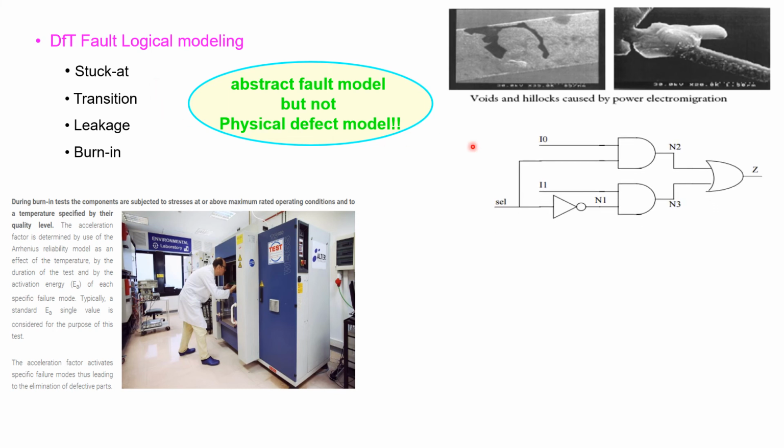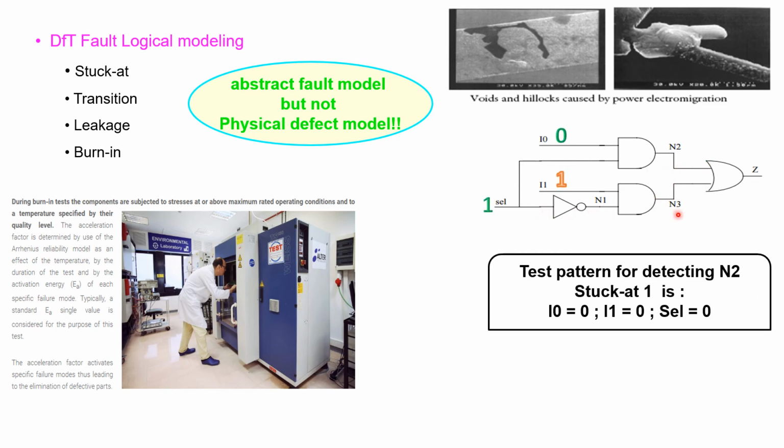So let us analyze this specific logic, wherein we want to figure out what test pattern we need to apply so that the N2 node can be stuck at 1. To figure that out, we will set these bits at the inputs of this logic, and we will ensure that 0 will be seen at N2, which is the desired one, and we will figure out whether it is stuck at 1 or not.